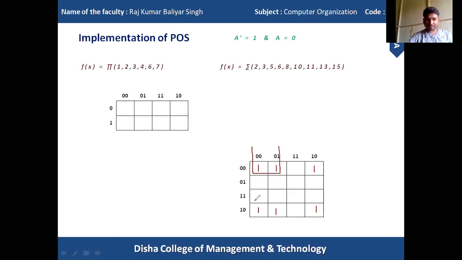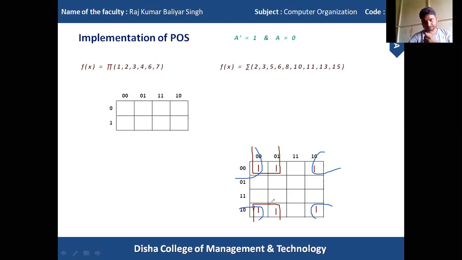This one and this one is a single. Another combination can be a 4 combination: this cell and this cell. That means we are getting two groups of 4 cells combined to each other.